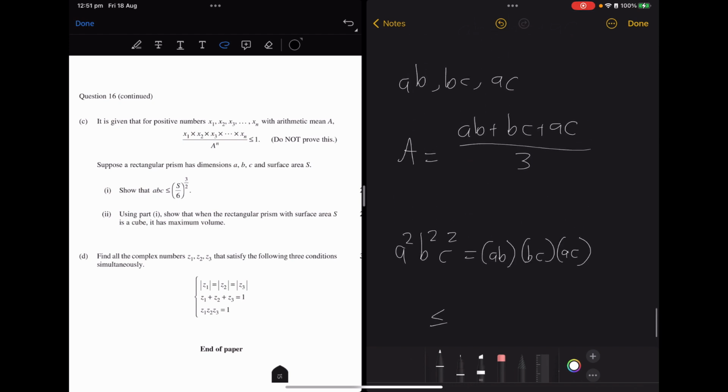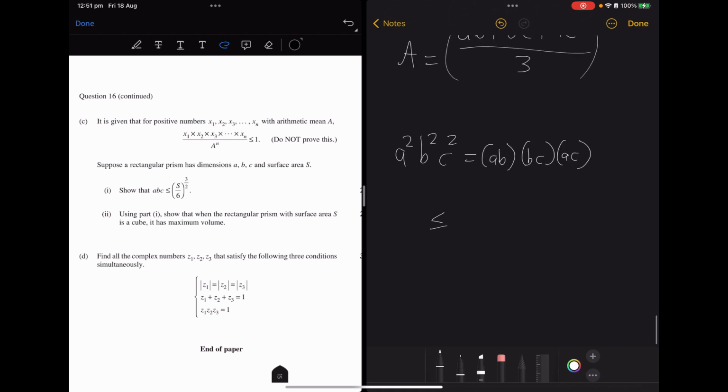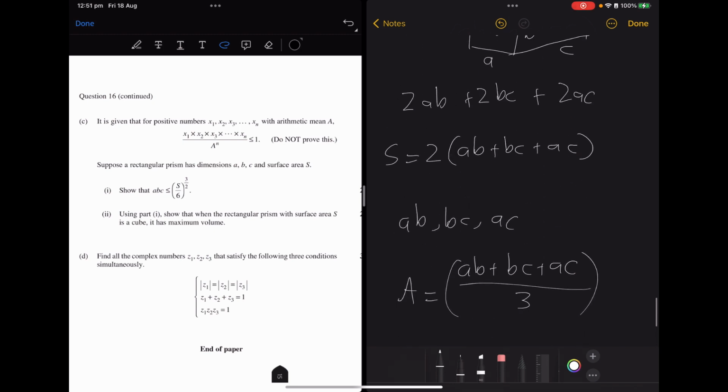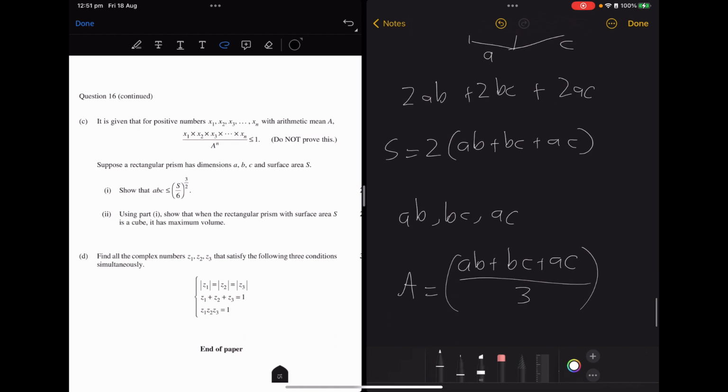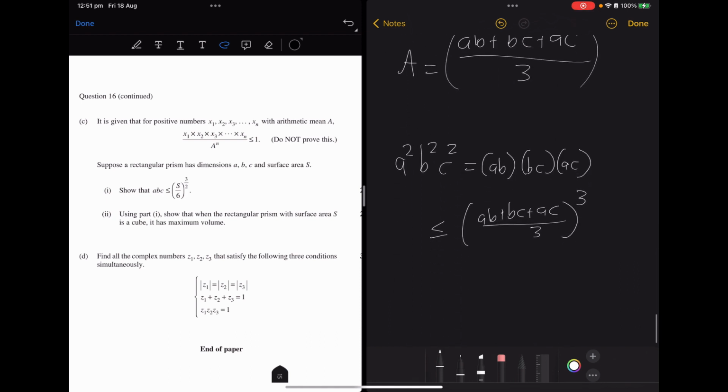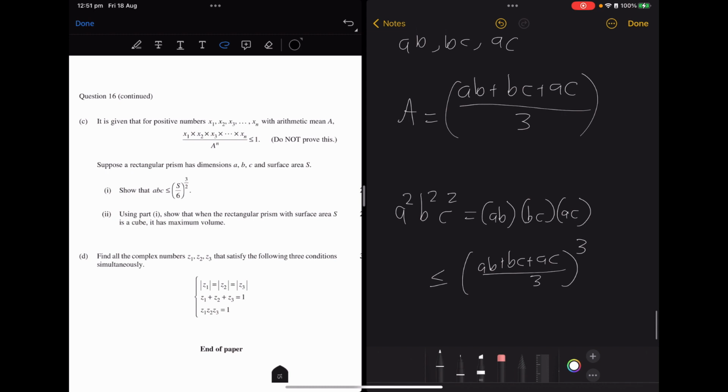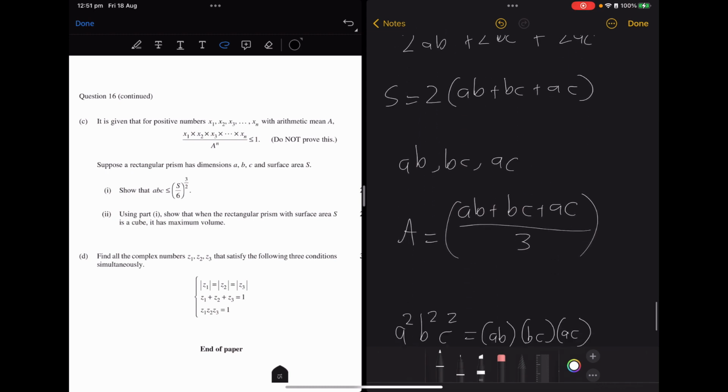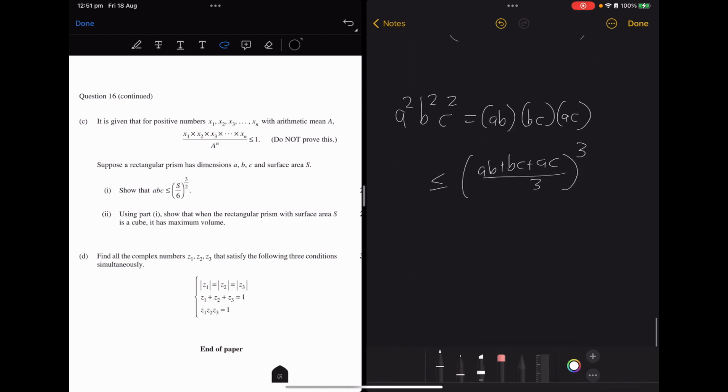So the arithmetic mean is AB plus BC plus AC over 3, to the power of 3. And here's what we know. That's just equal to S over, if S is equal to 2 times that, then that's just equal to S over 6 to the power of 3.